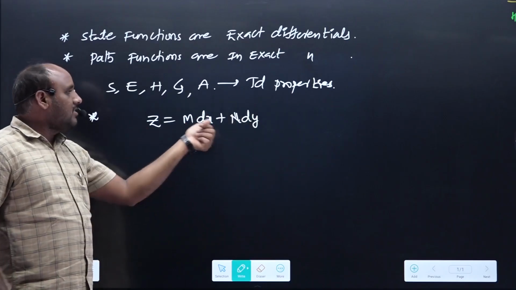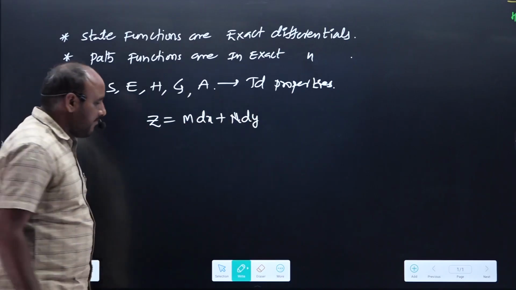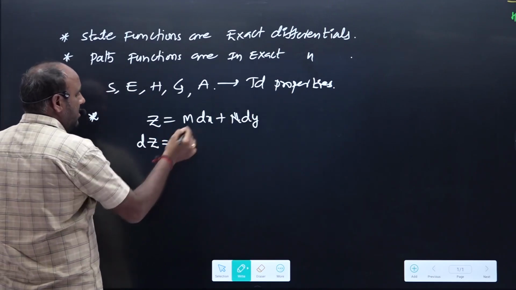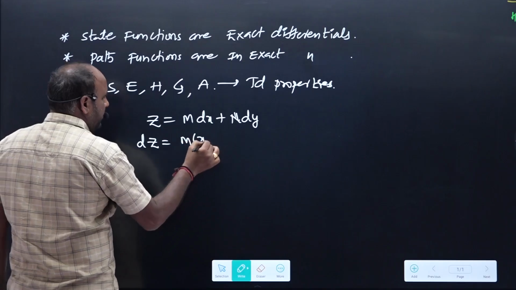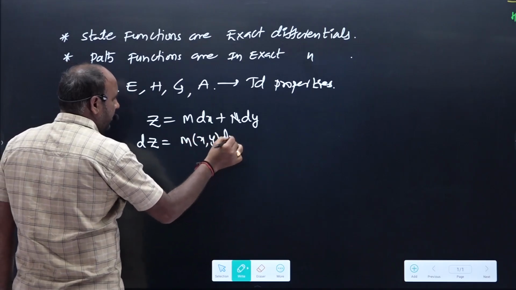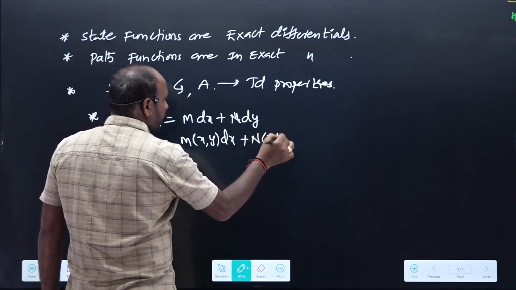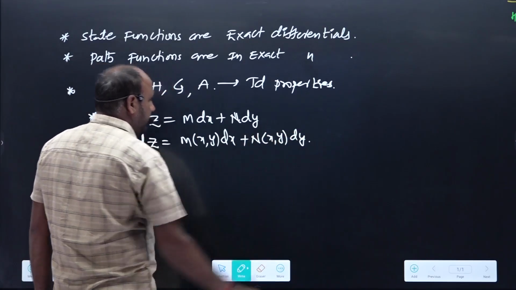So z equals M dx plus N dy. If you differentiate this, dz equals M, which is a function of x comma y, into dx, plus N, which is also a function of x comma y, into dy.